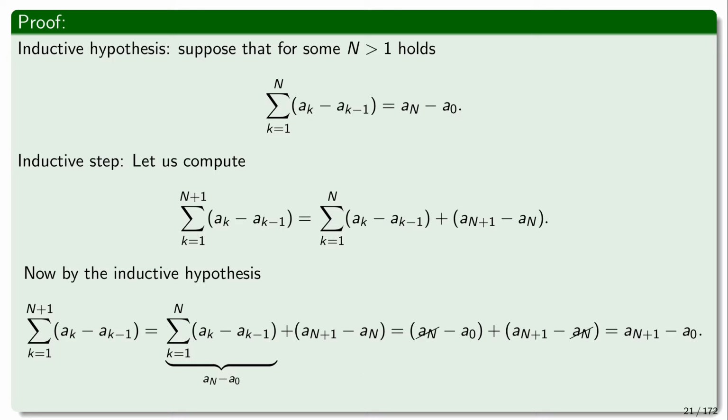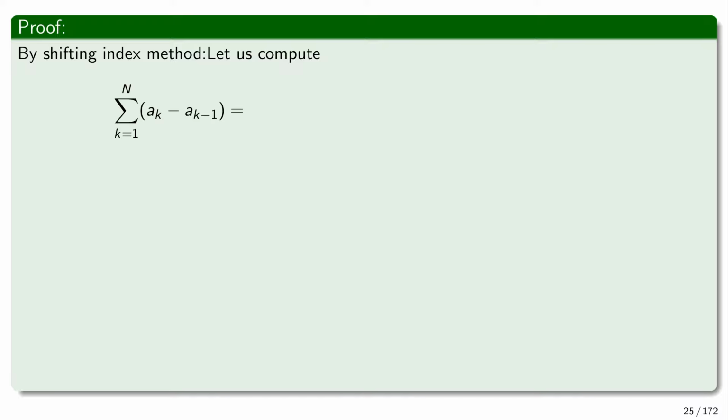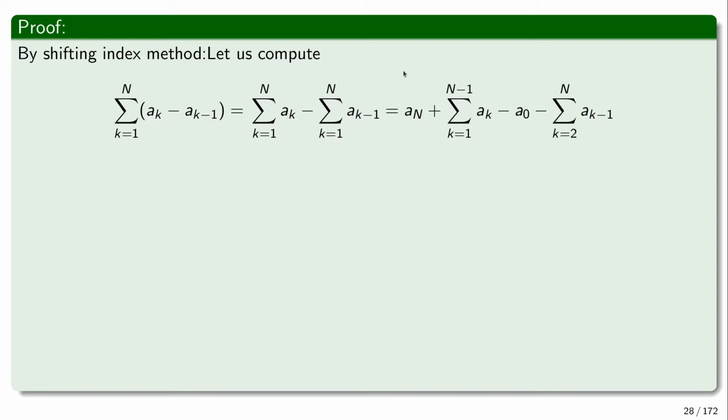And I want to show you a third proof, which is more useful for the index shifting method that you're going to see in there. So now suppose that we have this sum, right? And so this sum can be separated in those two sums. From this sum, I will separate out the last term, and from this sum, I'm going to separate out the first term.